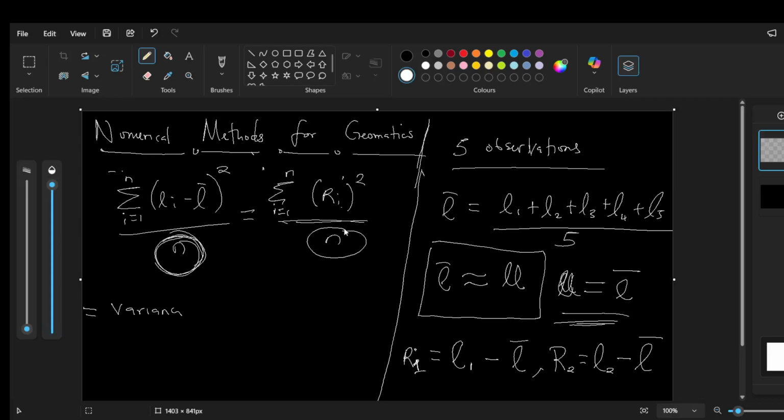This is one way to look at it, but as we proceed, it will be the summation of residues squared over the degrees of freedom, which I will define as we proceed. So this is variance. Now the square root of variance is the standard deviation.